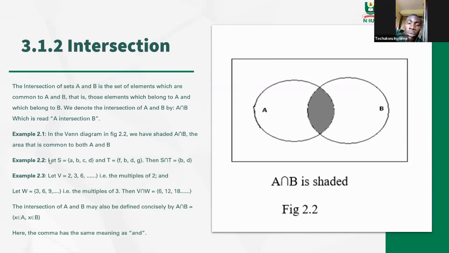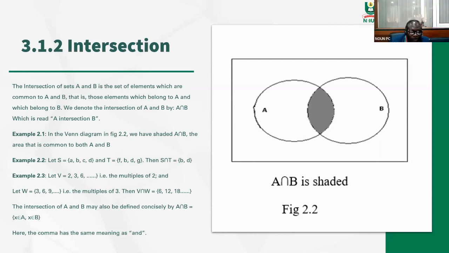Now, example 2.2. Let S be {A, B, C, D}. Then set T to be {F, G, D}. What is S union T now? You have the union. Can you see that?